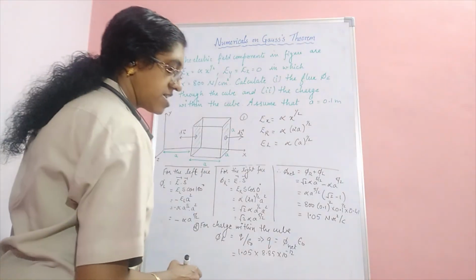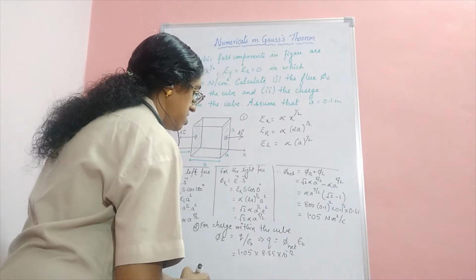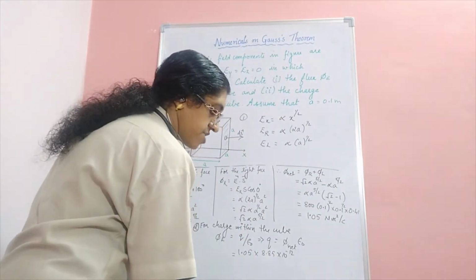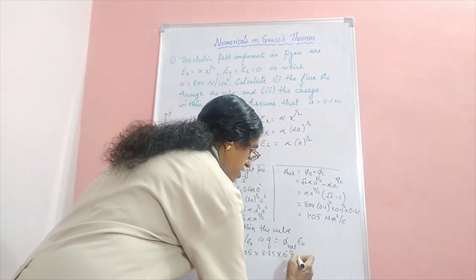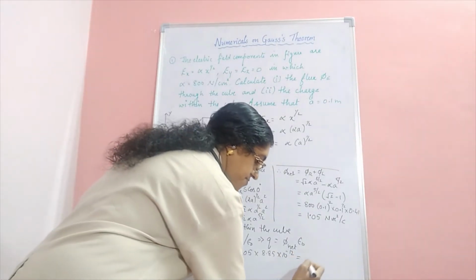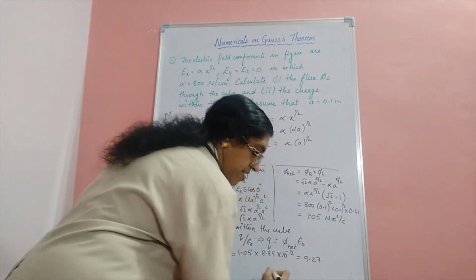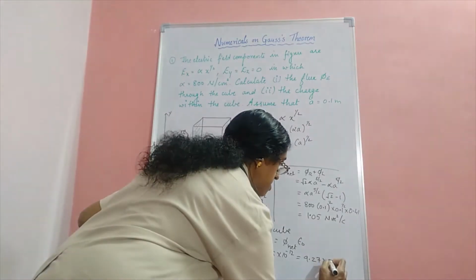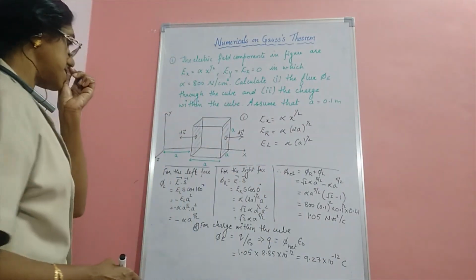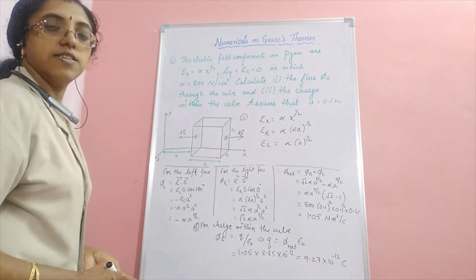Now, calculating it, the total charge comes out to be 9.27 into 10 to the power of minus 12 coulomb. That is the net charge that is enclosed by the surface.